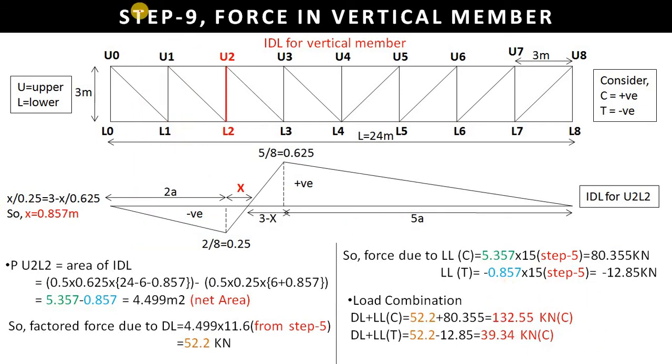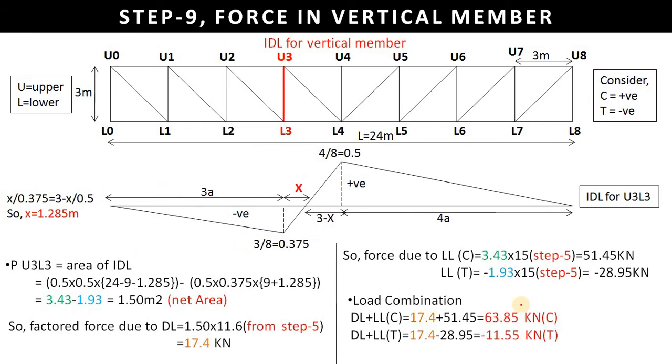Similarly, moving on to the vertical member U2L2, which will be similar to what we have seen for the member L1L2 in the previous slide. In this we have found the load combination for dead load plus live load compression as 132.55 and dead load plus live load combination for the tension as 339.34. From this we will use the maximum for the design purpose.